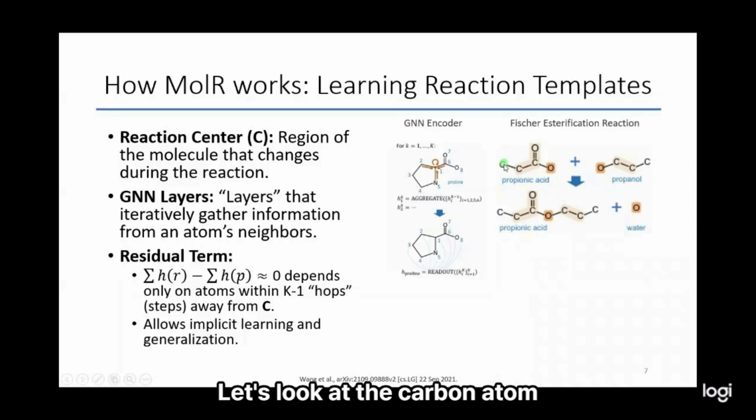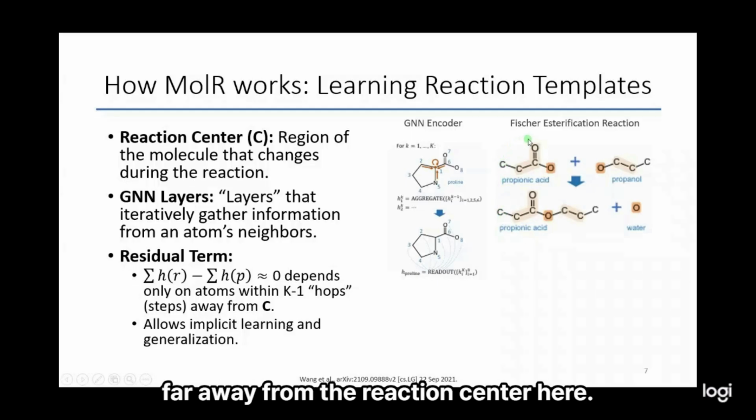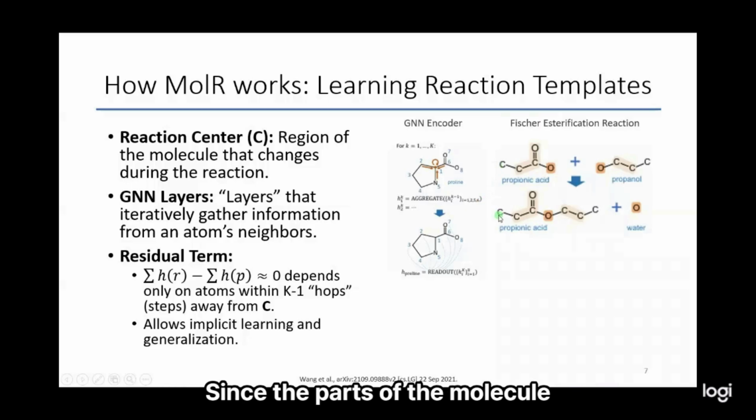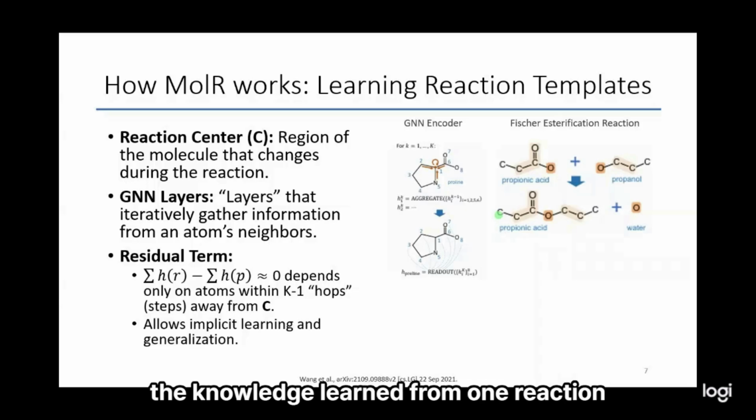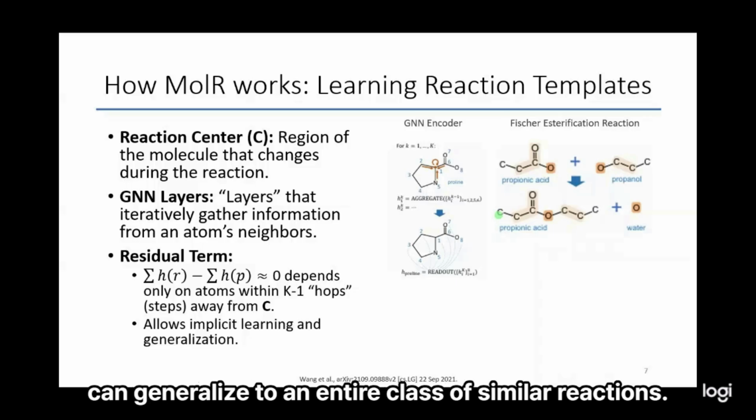Let's look at the carbon atom far away from the reaction center here. Since the parts of the molecule far from the reaction center don't affect the change, the knowledge learned from one reaction can generalize to an entire class of similar reactions.